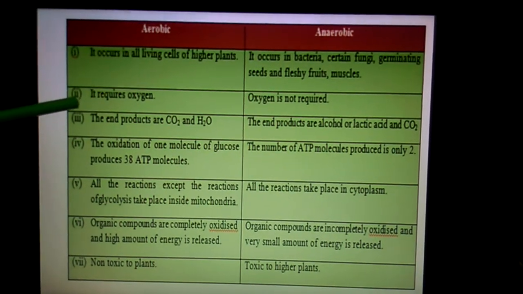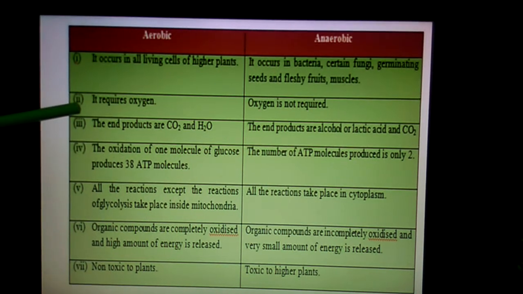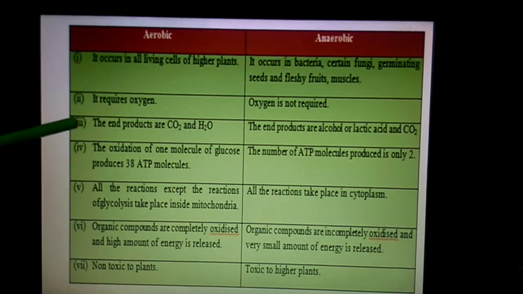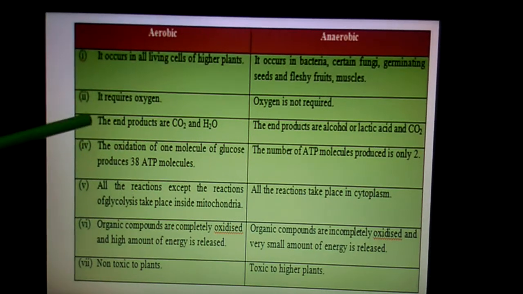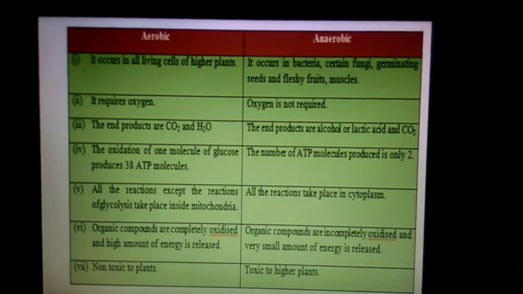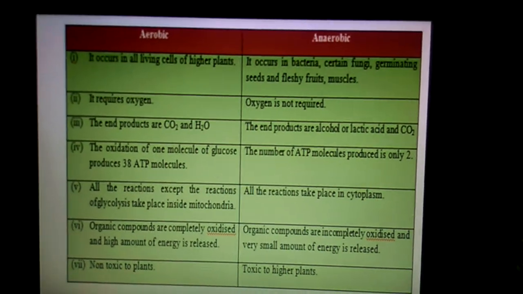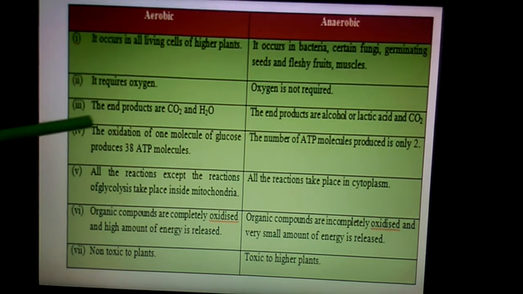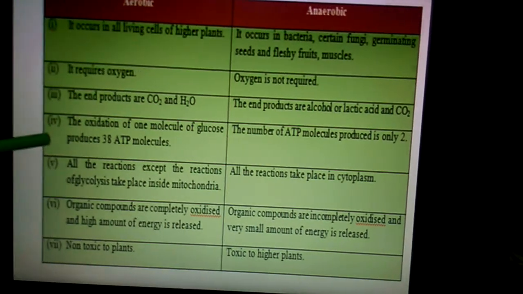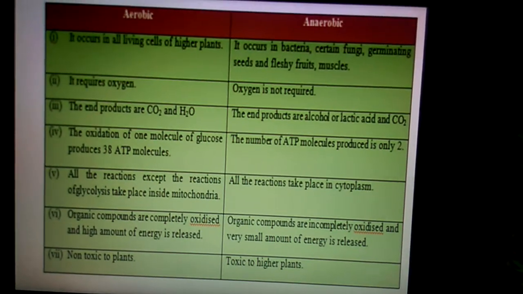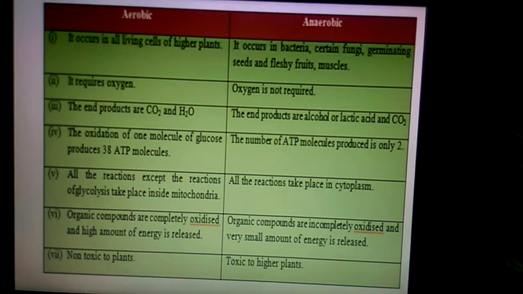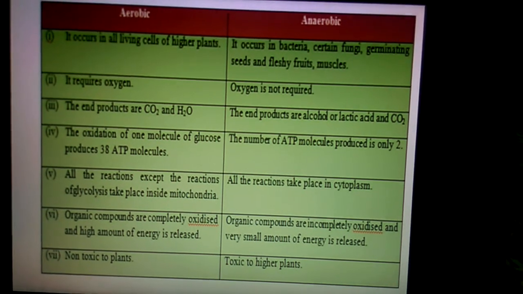Aerobic respiration requires oxygen. Anaerobic respiration does not require oxygen. The end products of aerobic respiration are carbon dioxide and water. The end products of anaerobic respiration are alcohol or lactic acid and carbon dioxide. The oxidation of one molecule of glucose produces 38 ATP molecules.